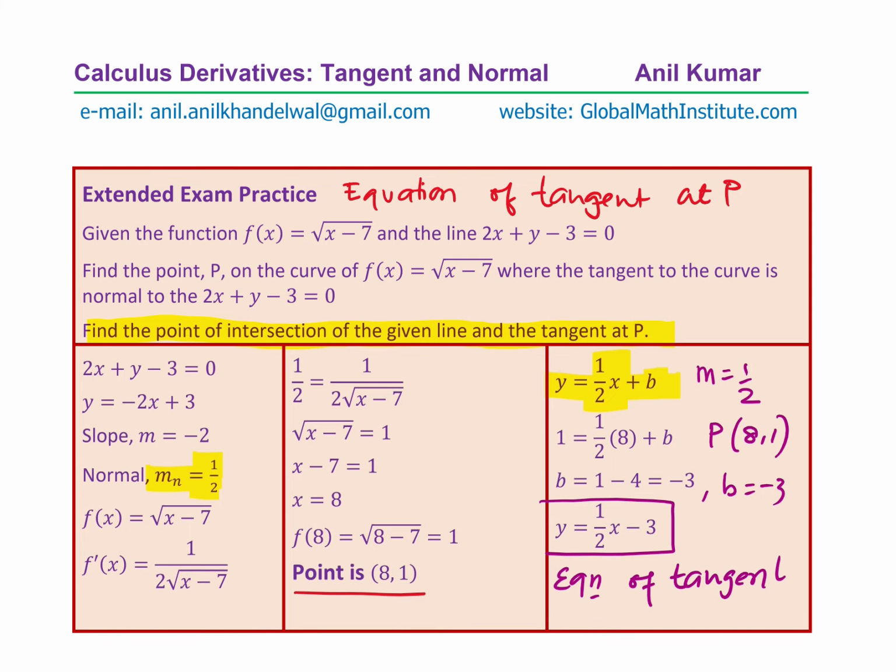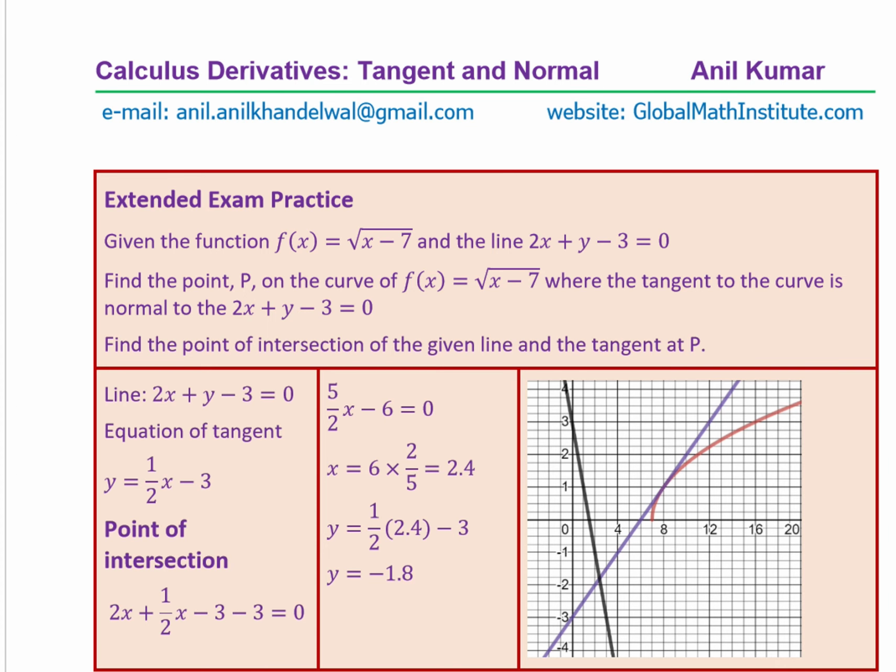Once we have the equation of the tangent, we already know the equation of the given line, so we can find the point of intersection, correct? We can do the substitution and find it. So now we have the equation of the tangent, which is y equals half x minus 3. Substituting half x minus 3 for y in the line equation, we can solve for x.